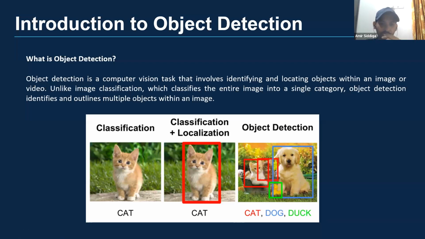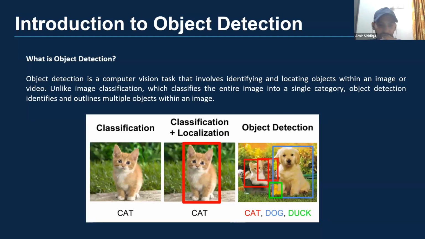And now third comes the object detection that we are seeing here. The difference between classification plus localization and this is that in this image, we have different categories of animals. We don't have just a cat here. We also have a dog, and we also have an image of a duck. So we have all kinds of animals here.